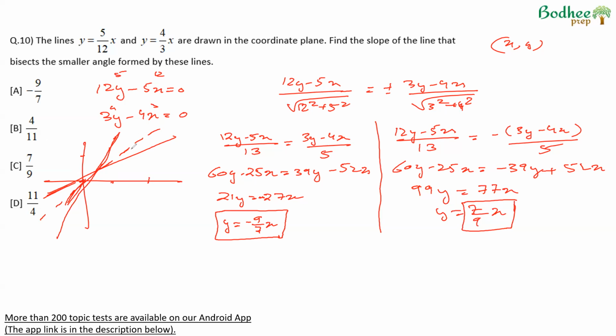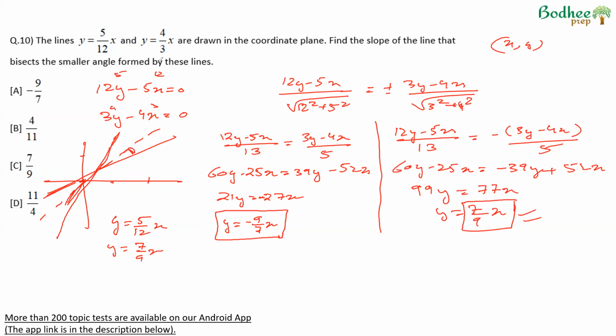So I'm checking for the angle between these two lines, for example. This line was y is equal to 5 by 12x. And I'm looking at this as the angle bisector, let this be equal to 7 by 9x.